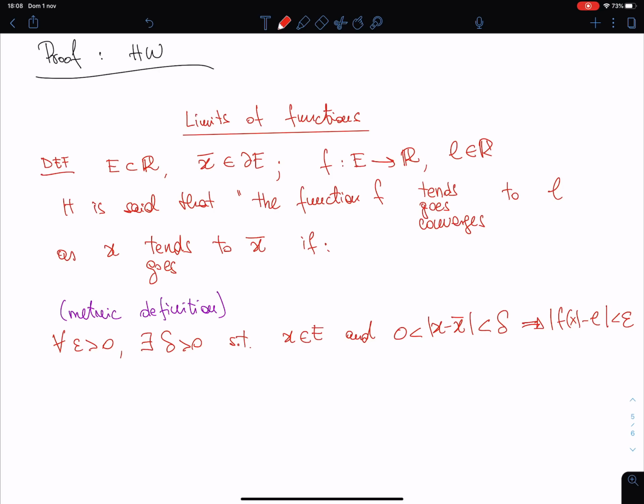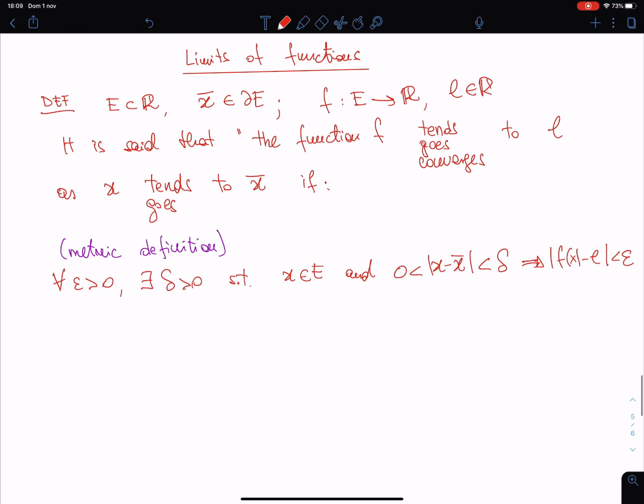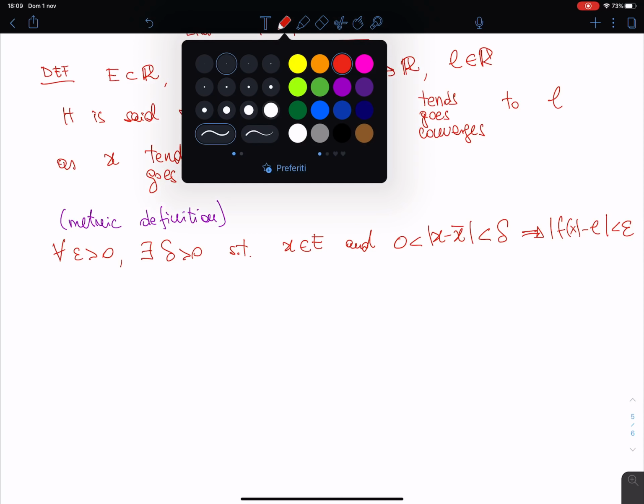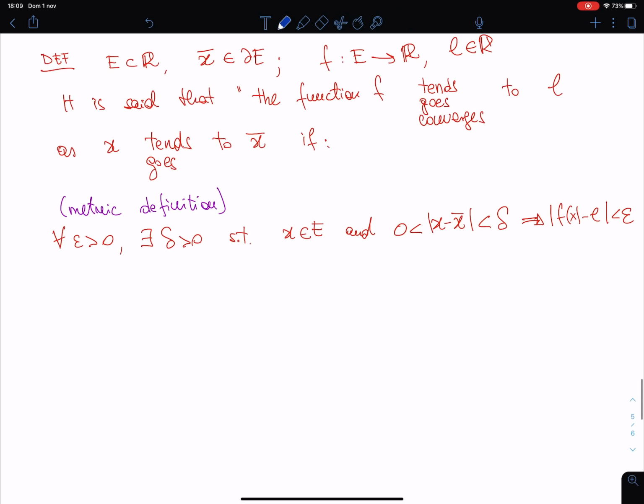And let me explain it by a picture. As usual, let me portray the graph of the function we aim at studying.